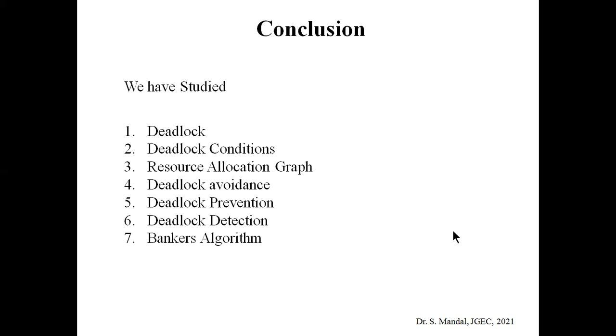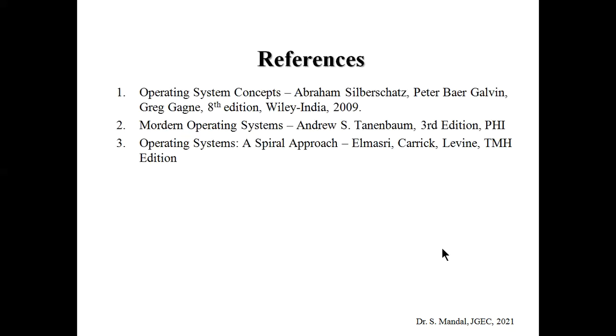For deadlock detection, we can use two types of resources, single instance and multiple instance. After detection of the deadlock, we can easily recover by terminating the respective processes or preempting the resources.